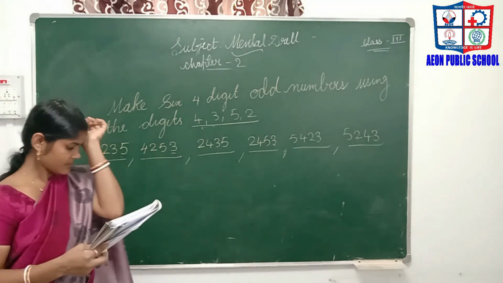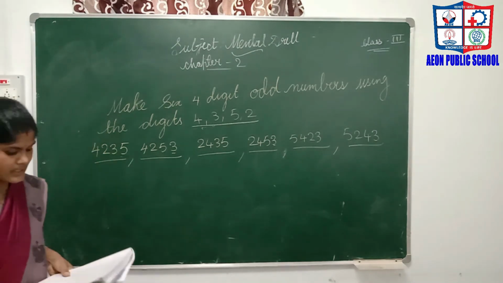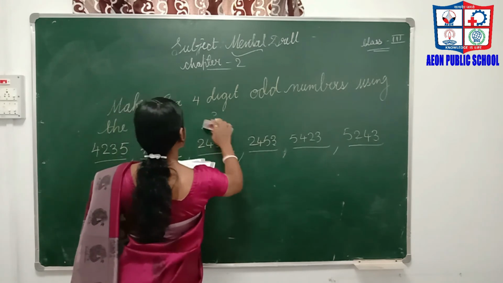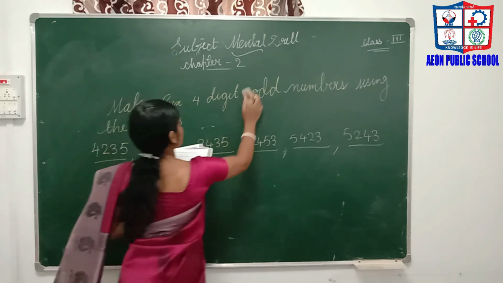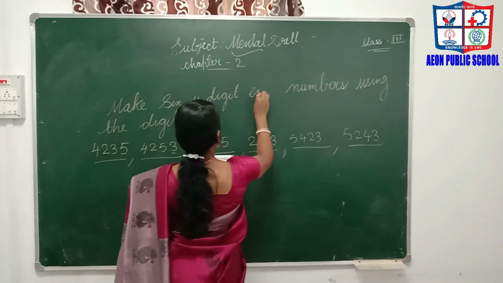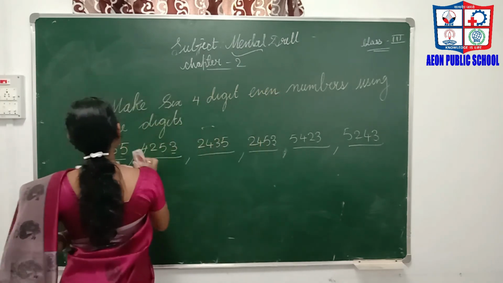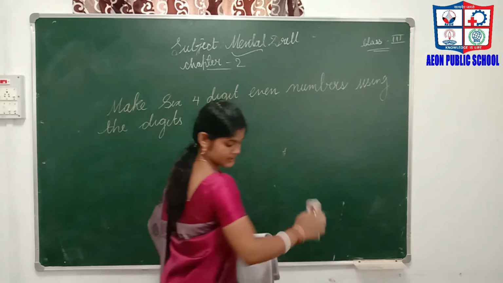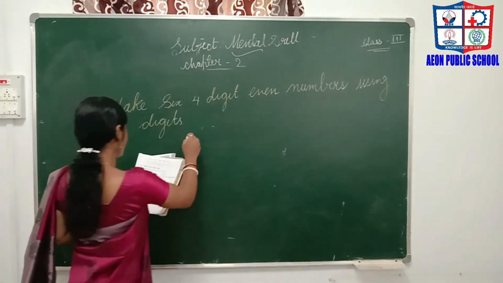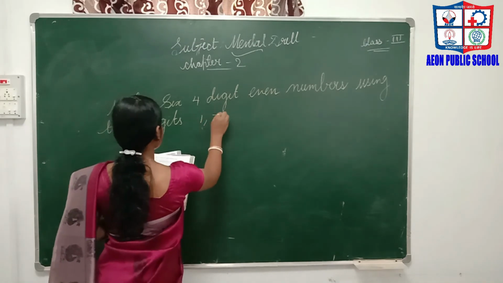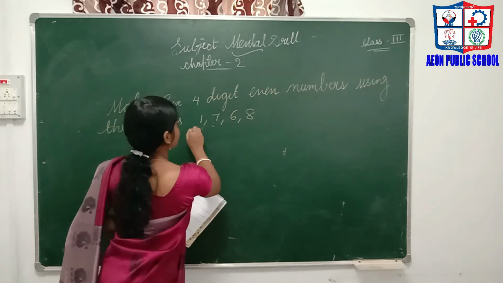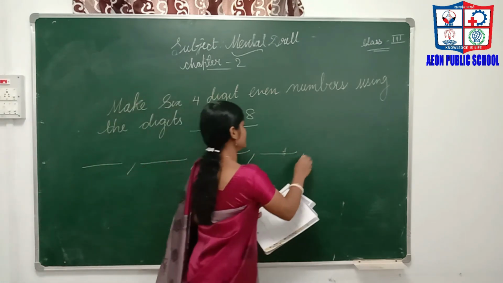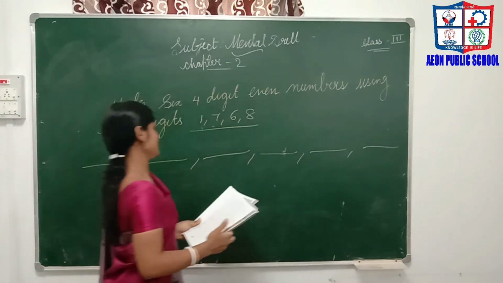Next one, see. Make six 4-digit even numbers. The 9th question. What do you mean by even numbers? The number which is divisible by 2 and gives the remainder 0, meaning it's exactly divisible by 2. By these 4 digits you have to make 6 numbers. How will you make them?